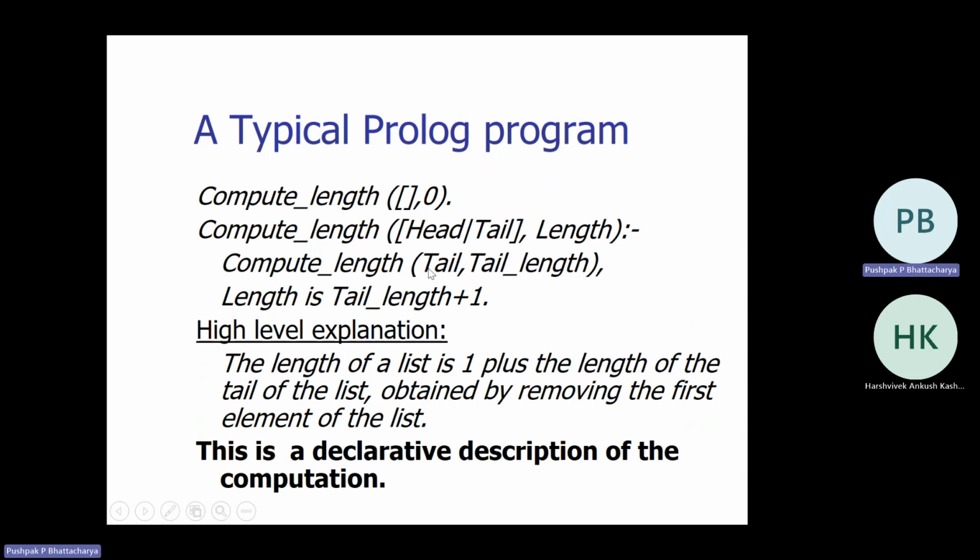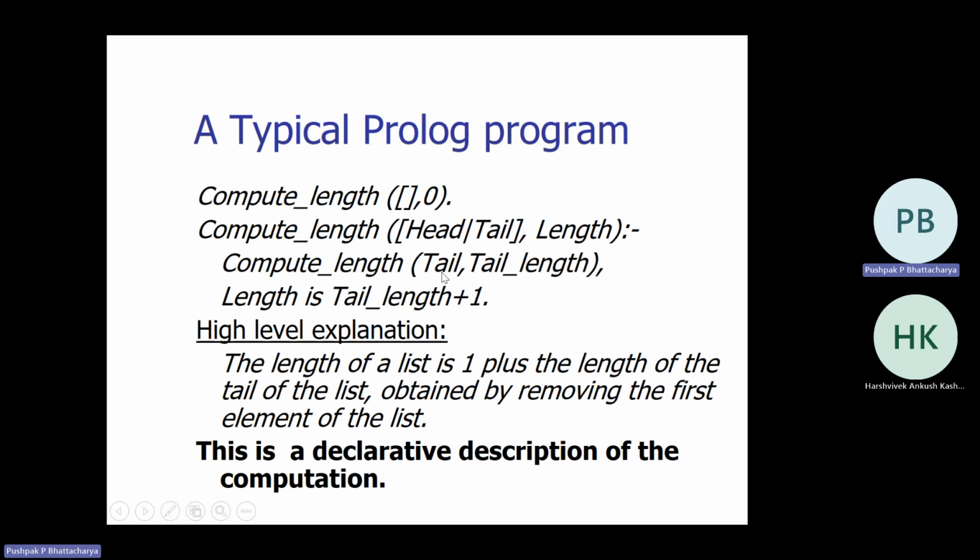This is exactly the expression of the computation given in natural language. The length of a list is 1 plus the length of the tail of the list, compute length tail, obtained by removing the first element of the list. How do we remove the first element? By this operation, head bar tail. Any list can be broken up this way.